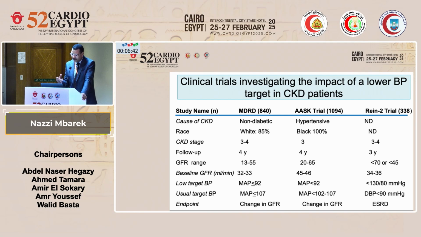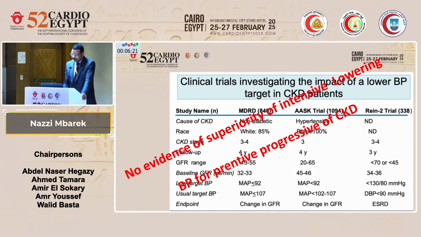There are ongoing trials concerning CKD stage 4 or 5, with a follow-up of 3 to 4 years, and the low blood pressure target is a mean blood pressure of less than 130/80. The endpoint is renal failure.